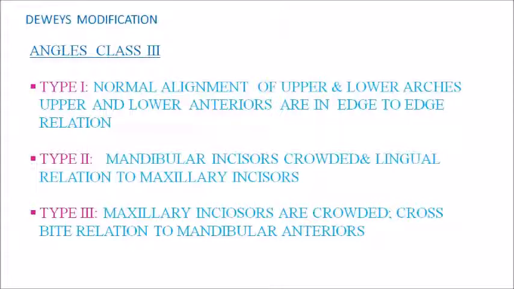So type 1 is normal alignment in both upper and lower arches, with upper and lower incisors in edge to edge relationship. Type 2 is when the mandibular incisors are crowded and lingually positioned with respect to maxillary incisors, and type 3 is when the maxillary incisors are crowded and showing a crossbite relationship.